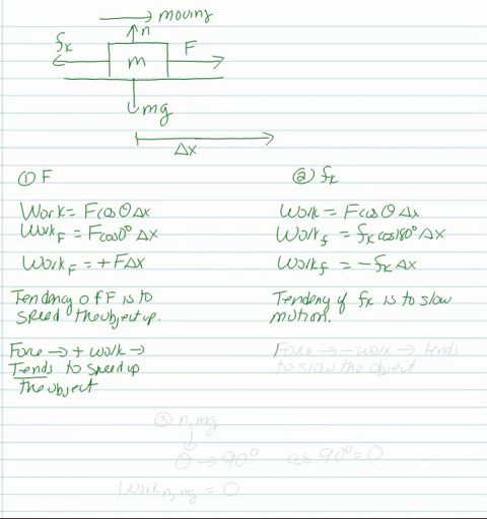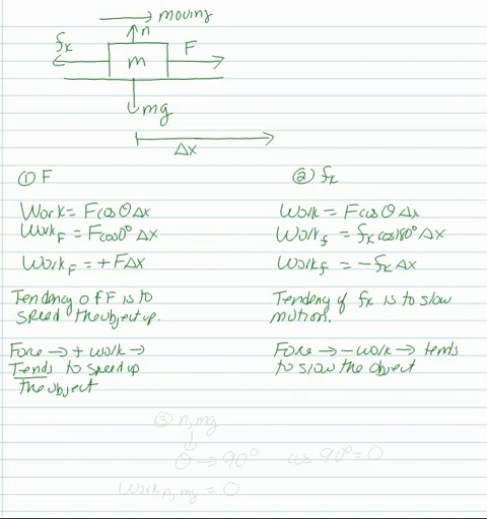So, if a force does negative work, it tends to slow the object. Once again, I don't know if the object is going to speed up or slow down. I do know that Fk tends to slow motion. This is what negative work is.